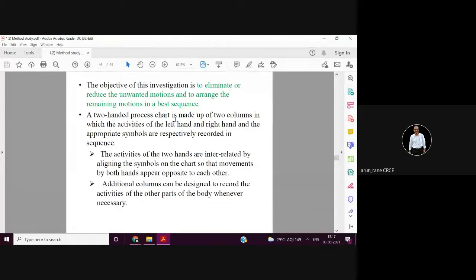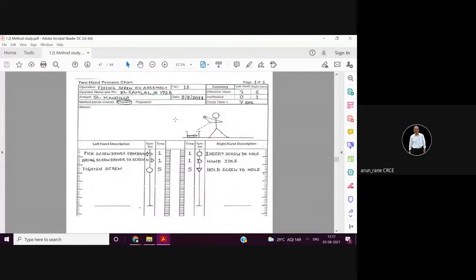Whether the distance of the bin is far away, whether he has to pick up from a larger distance, whether you need to modify the workstation to make it semicircular instead of straight, so that decisions can be taken.